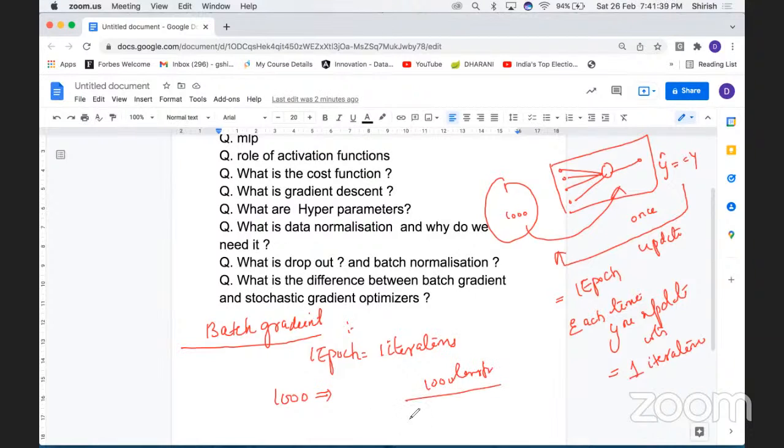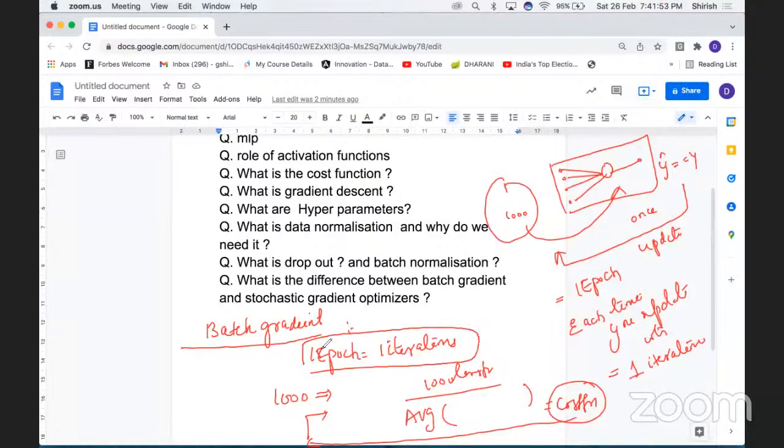Taking these 1000 losses, you calculate the average, and you get the cost function. Based on this cost function, it goes back and updates the weights. So it takes one iteration here. If you are running for 15 epochs, 15 times it will update the weights based on the cost function. That happens in batch gradient.